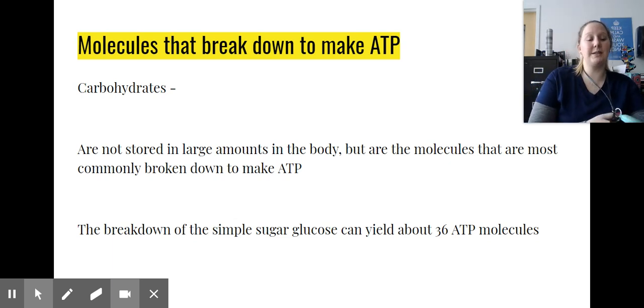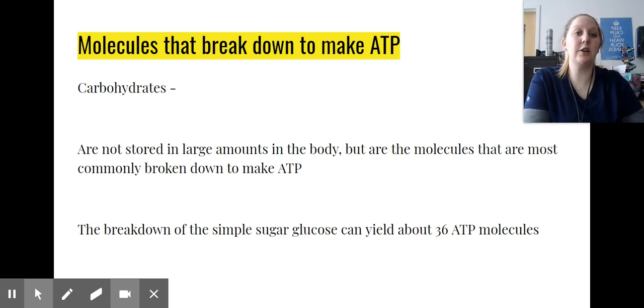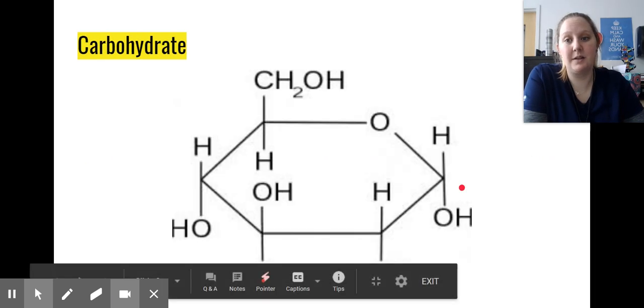The breakdown of a simple sugar, glucose, which is the one that we are going to look at moving forward, yields about 36 molecules of ATP per single glucose molecule. Hundreds of glucose molecules go in to make up 1 gram of sugar. So think of how much ATP you are actually getting from that. This is your simple sugar glucose.